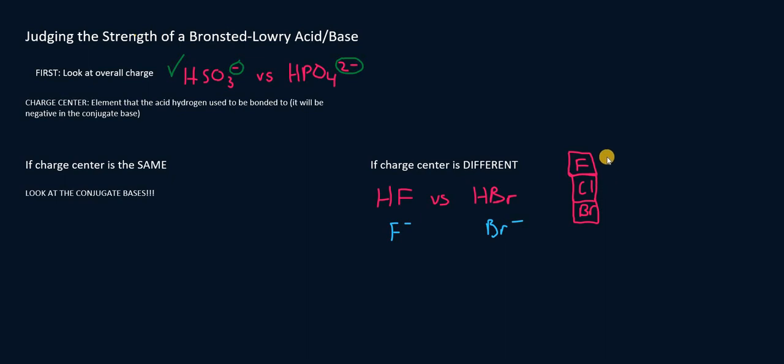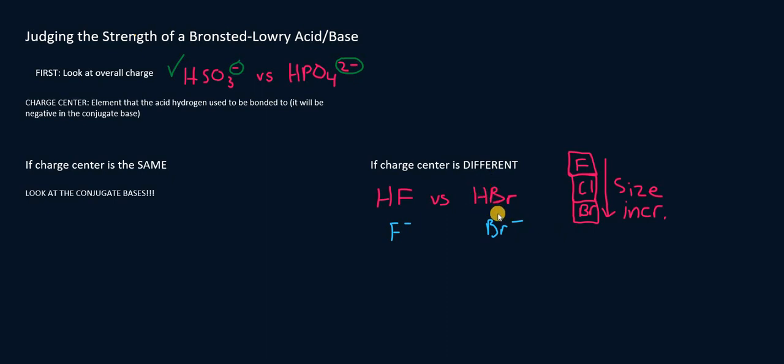And if you know your periodic trends well enough, you'll know that as you go down the periodic table, what increases? Size. So size increases as you go down a column. Well, as you increase in size, for your charge center, if you're in the same column, your acid is going to be stronger.